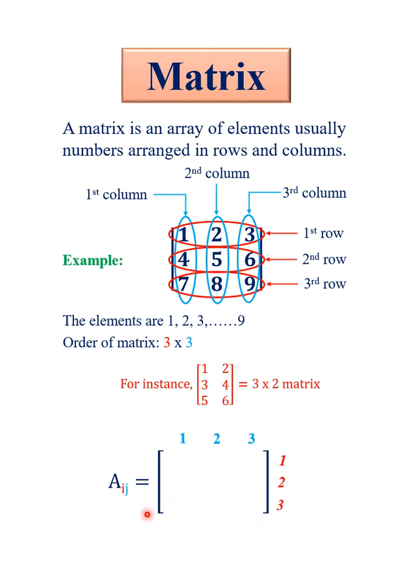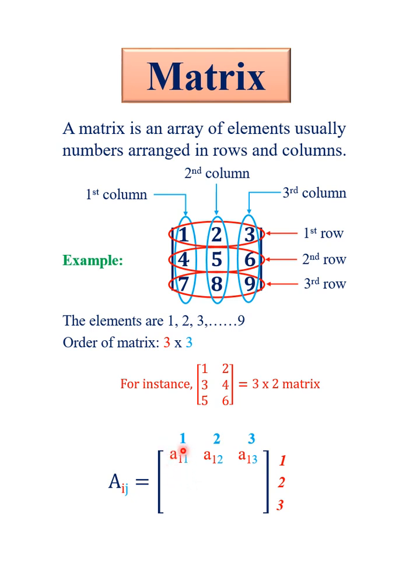This matrix is matrix Aij, where i is representing the ith row and j representing the jth column. Since this is an uppercase letter A matrix, we are going to form the elements with lowercase letter a. So let's form the elements.